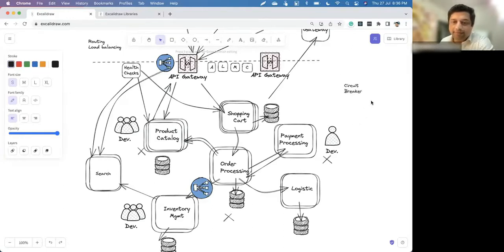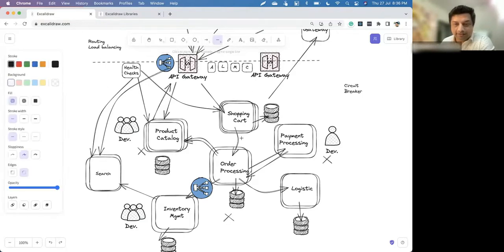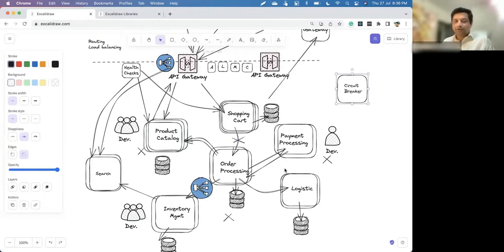So circuit breaker pattern is a pattern in which you will remove this connection if there are some problems down the line, right? So this is another interesting pattern in microservices because it may happen that some service is down.